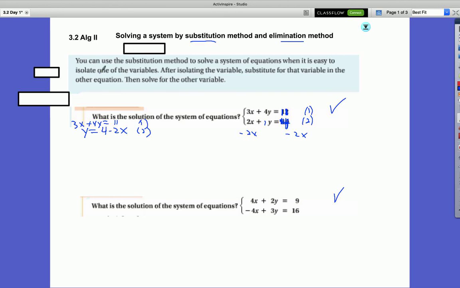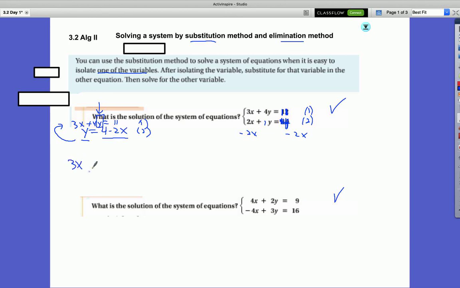So, isolate one of the variables. After isolating, substitute for that variable in the other equation. I want to plug the second equation into the first. So, y equals 4 minus 2x. I don't want this y here. I'm going to plug in an expression of x that it's equal to, 4 minus 2x.